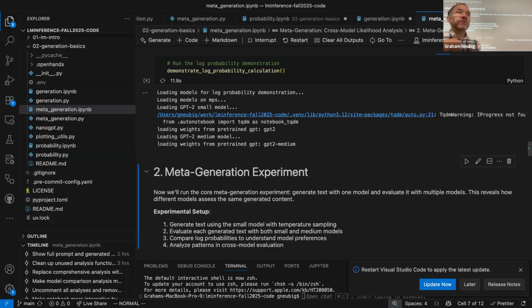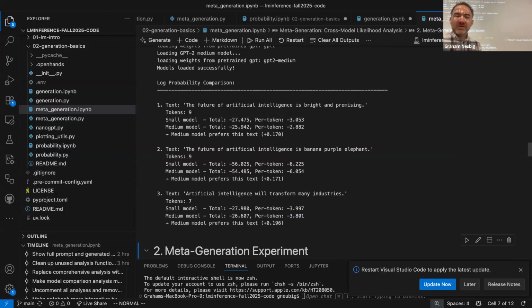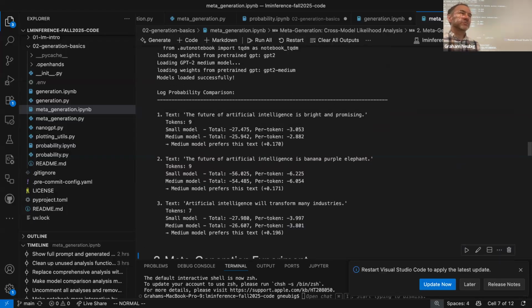While we're waiting for this to finish, this is actually a commonly used method in inference where you use a small model to generate an output and then a larger model to calculate the probability of the output. Does anyone know what the name for this is? It's not exactly what we're doing here yet. Speculative decoding, yes.